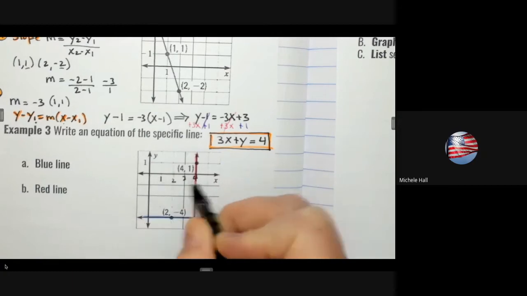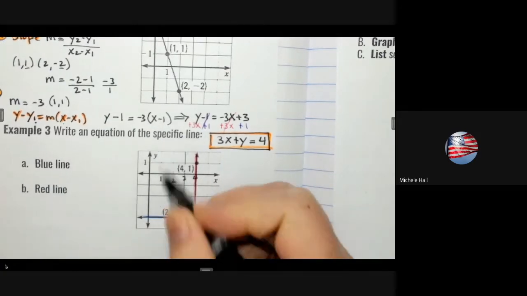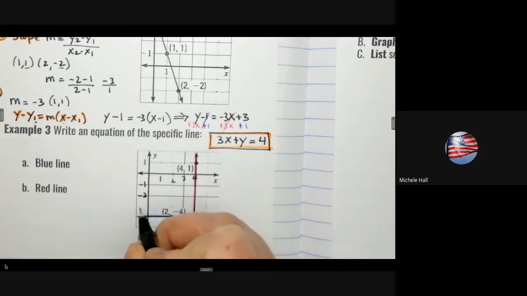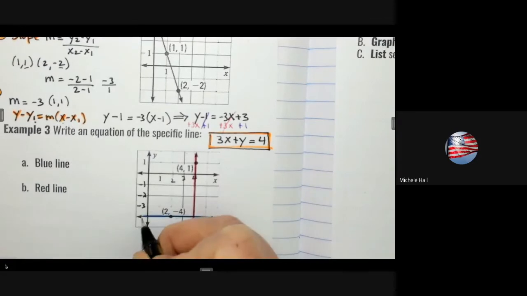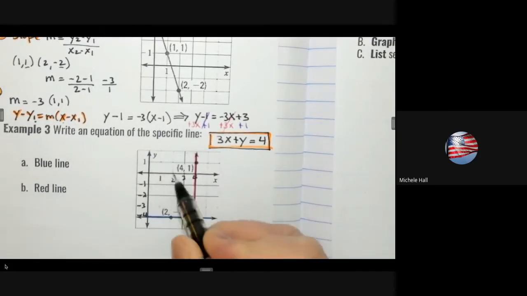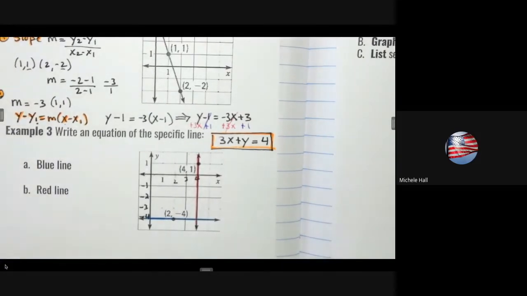And that would be the 0, 4, so that matches. And then checking going down, is this -1, -2, -3, -4. So we have the 0, -4, and it does line up. So those should be pretty easy to write.